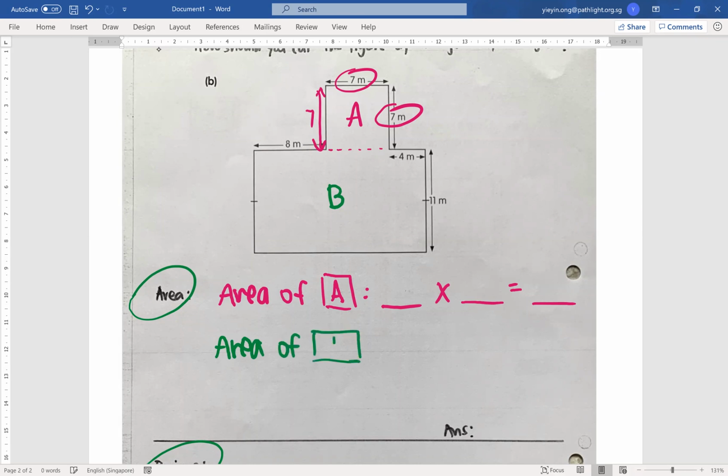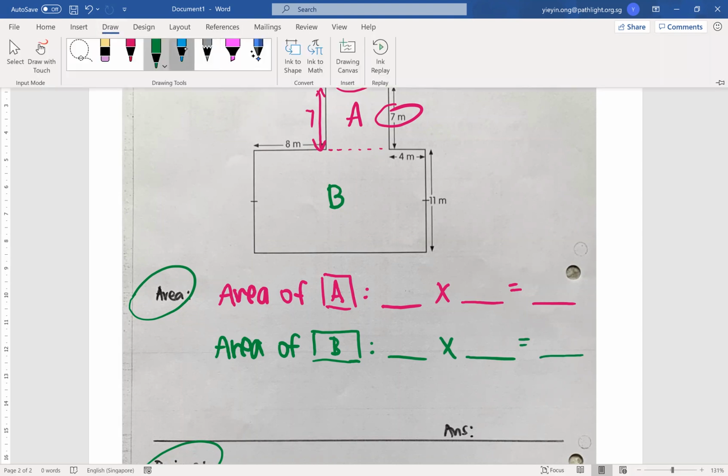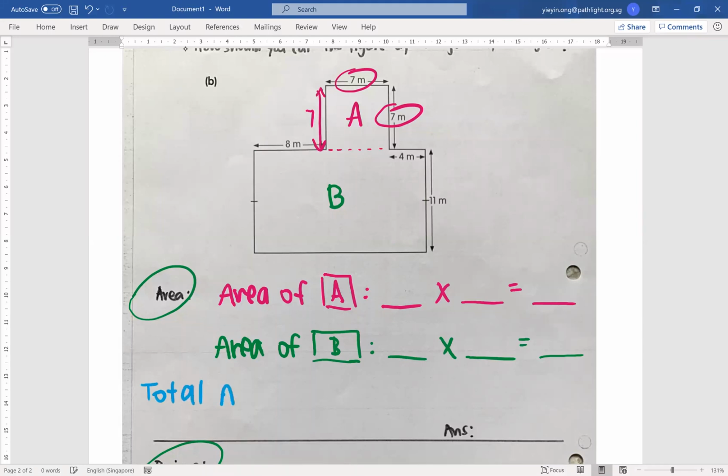What times what? Length times breadth. Okay, and then next step, you need to find the total area. That is A plus B. Okay, so what plus what?